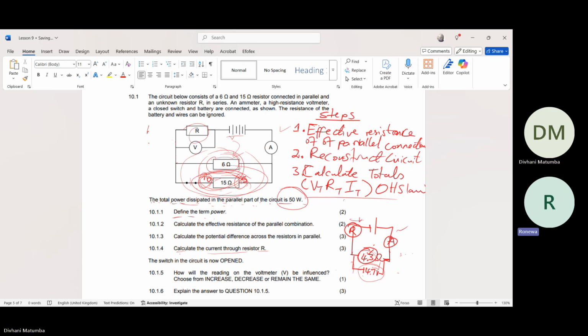Will the portion of the voltage of the battery supply increase or decrease on the parallel connection? Are we going to supply more voltage or less voltage given that the resistance has increased? We will supply more voltage.